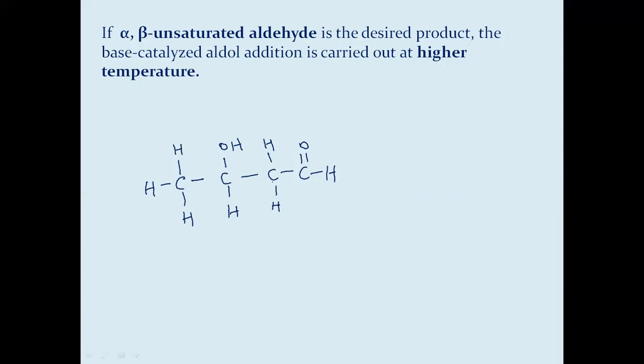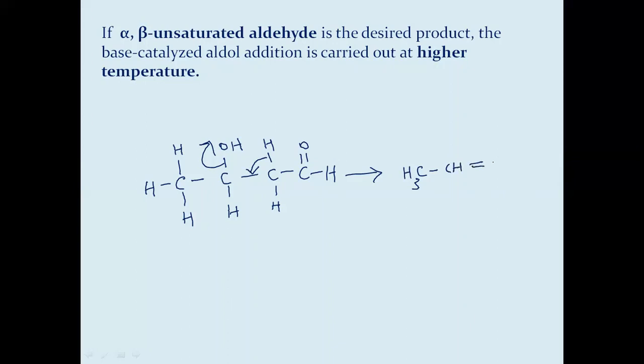Suppose we want to make it undergo dehydration so as to get the alpha beta unsaturated aldehyde. We need to remove one of the hydrogens and the OH group. OH is a leaving group, so in the final step we get the alpha beta unsaturated aldehyde.